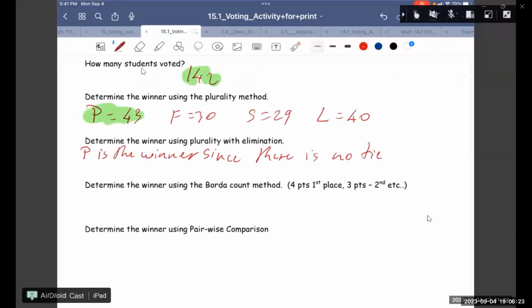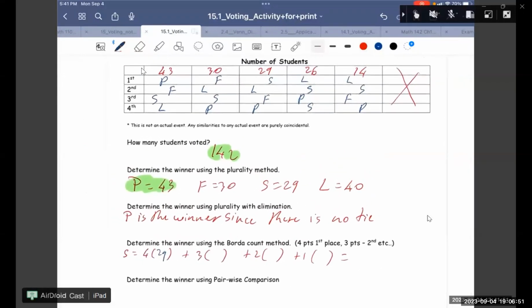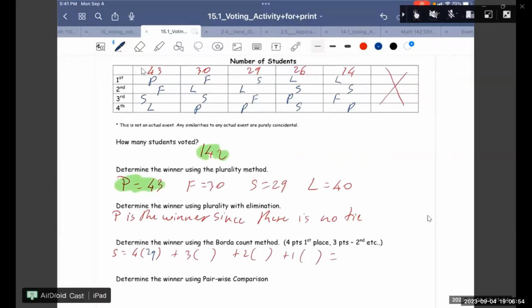So remember the probability method. We can use this one, example 4 plus 3 plus 2 plus 1. So we can say 4 is 29. S 4 is 29, right? And 3 is 40.